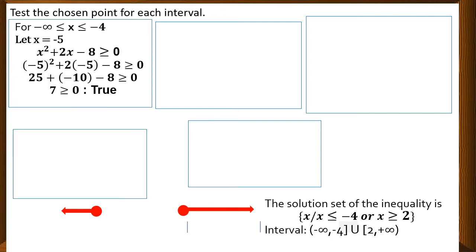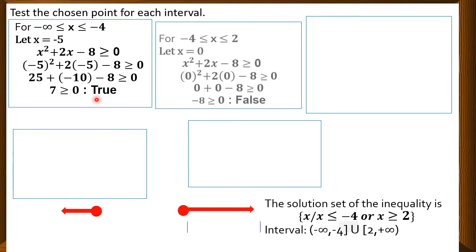For x that is equal to -5, copy the original inequality, substitute x by -5, so we have quantity of -5 squared, meaning -5 times -5, that is 25. 2 times -5 is -10. Then bring down -8 is greater than or equal to 0. So we have 7 is greater than or equal to 0. So meaning to say, this is true inequality. This is part of the solution.